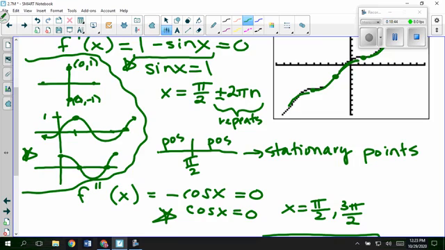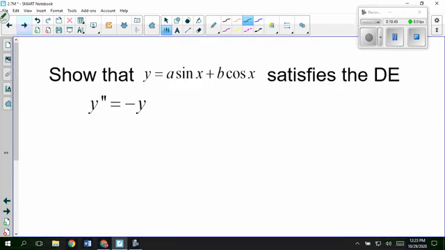All right, and then one last little part that we have for one example here of a DE. I mentioned to you guys earlier in the lesson that this is the solution to the DE, double derivative equaling negative y. With this one, we're just showing that that is actually true, that it satisfies that piece.